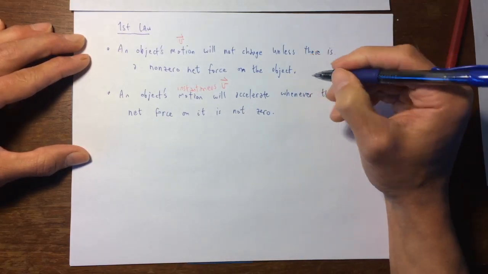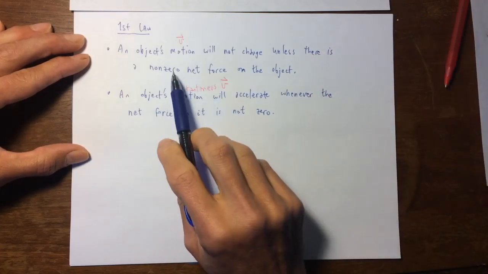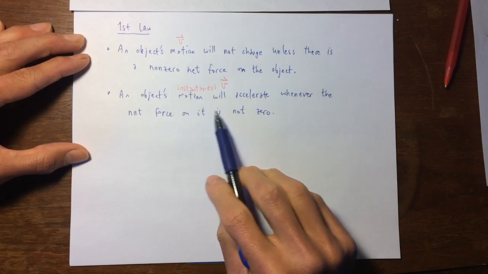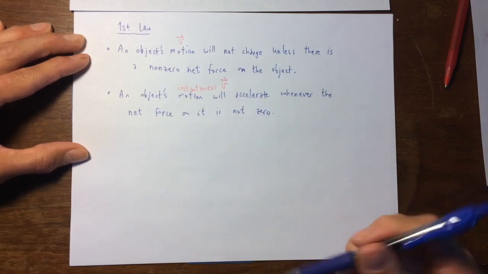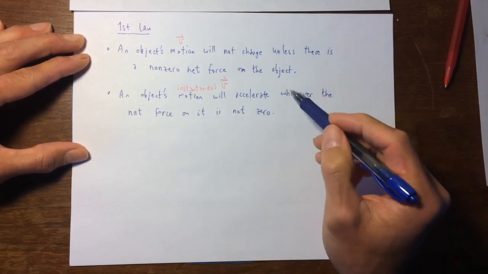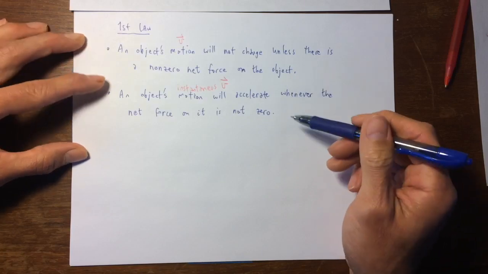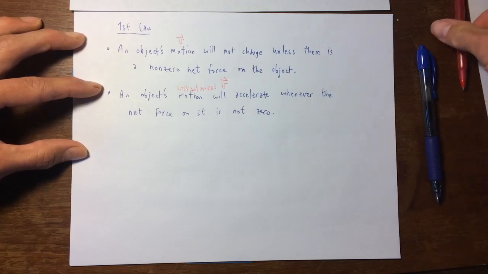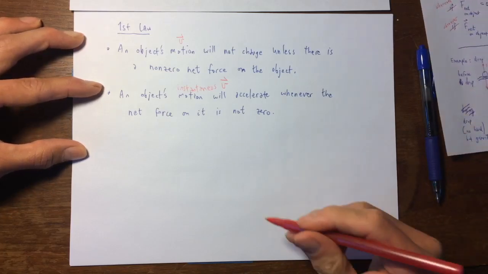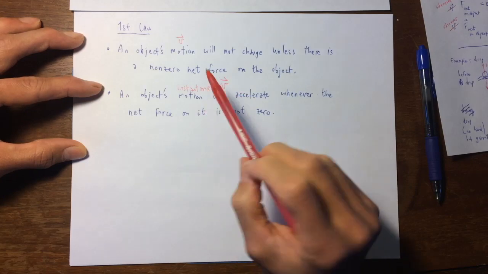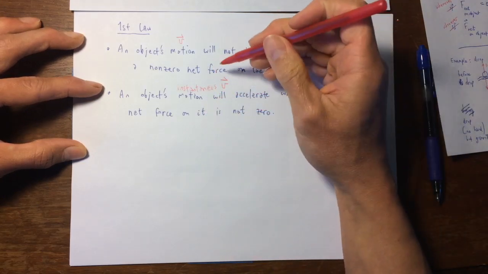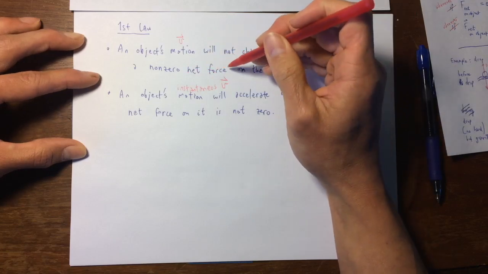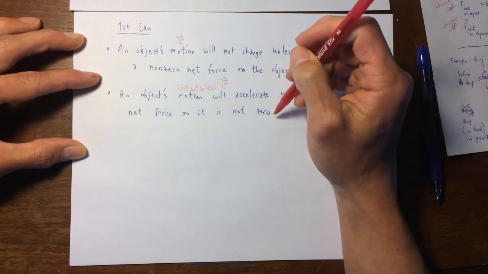So this is exhaustive. It tells you when it will not change, and it tells you when it will change. It will accelerate. So there are no other in-between cases. It's complete. It describes all possible cases for whether or not an object's motion will change, and that decision point is made based on the value of the net force, whether or not the net force on the object is zero or not.